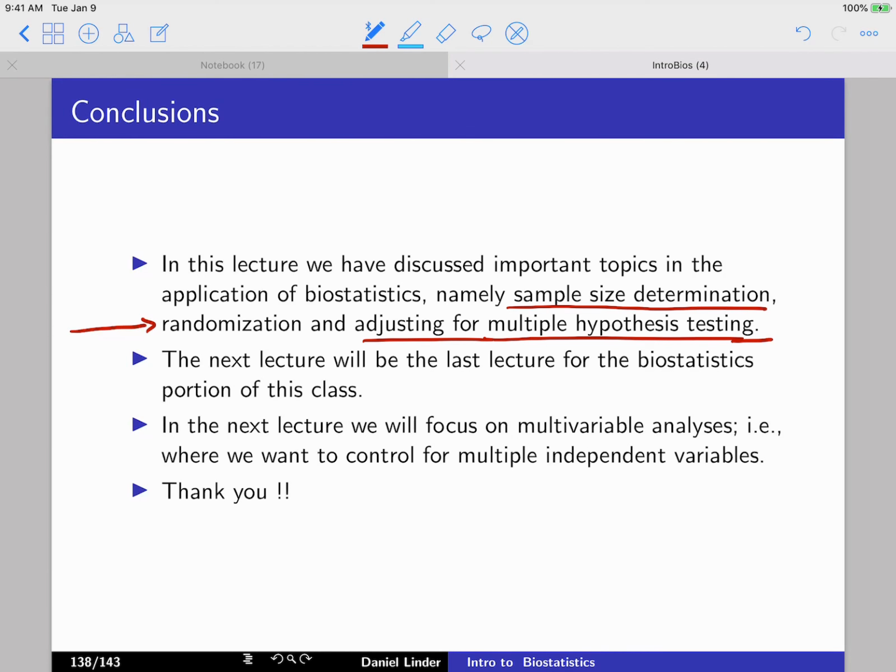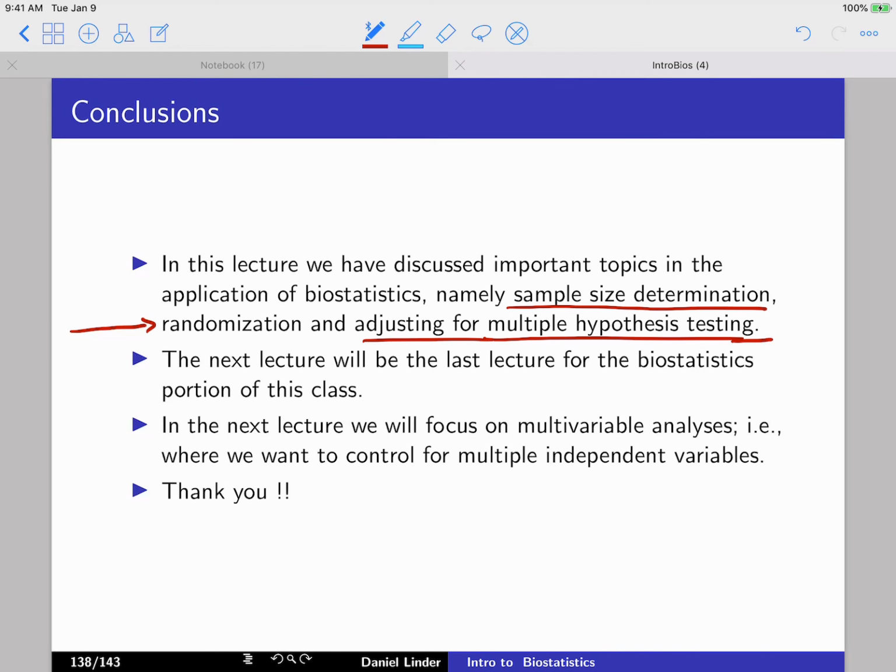If you do 10 million different comparisons, then you're going to have a huge number of false positives. That's not good for the literature. It's not good for the public. So just be mindful of that.